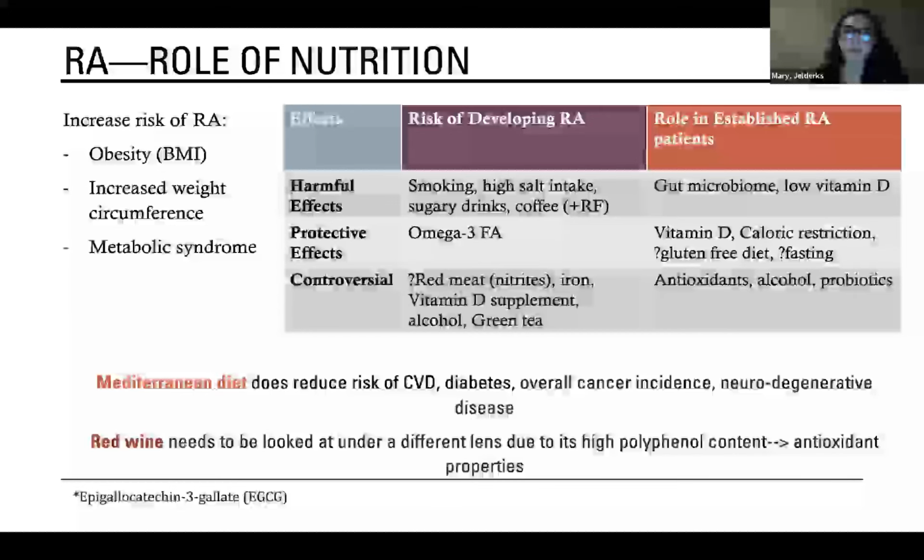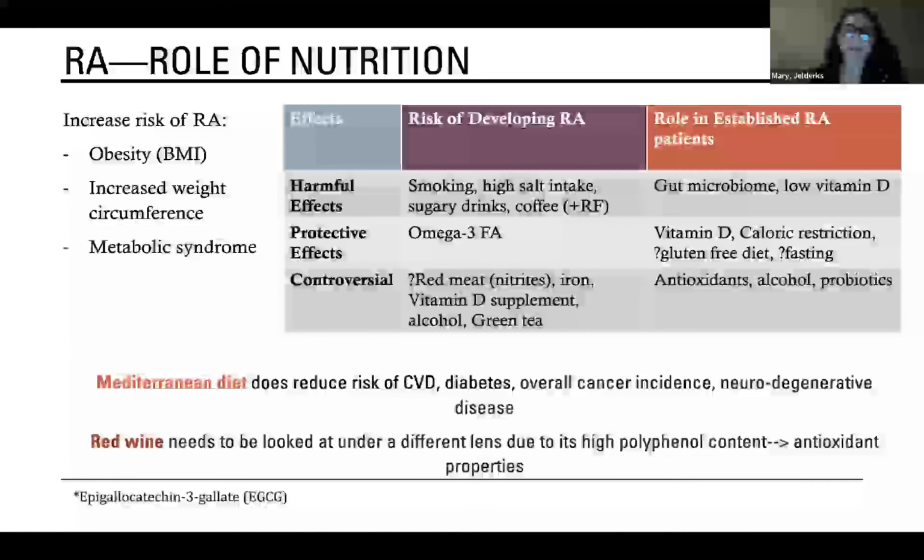In this case, there are certain unhealthy gut bacteria that interplay with the development of these citrulline proteins, these antibodies that end up leading to rheumatoid arthritis.